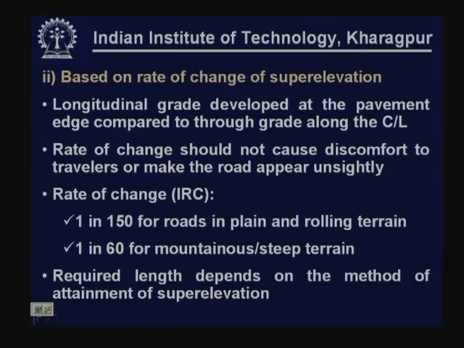Whatever transition curve length we obtain, our actual transition curve length should not be less than that value. Otherwise, the rate of introduction of superelevation will be faster than the recommended values, which is not acceptable. So, if we say 1 in 150 and we know the superelevation rate, we can calculate the length accordingly, and it should not be more than that rate.